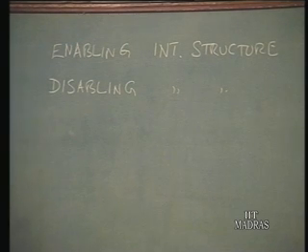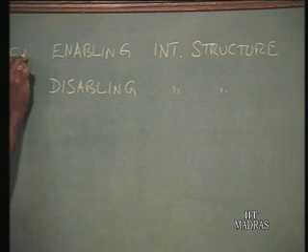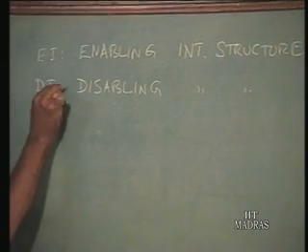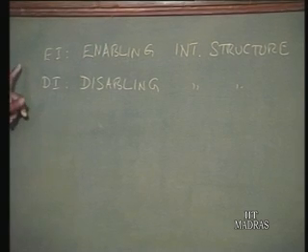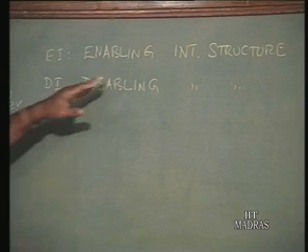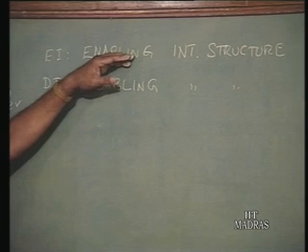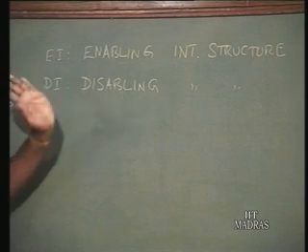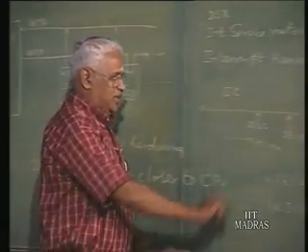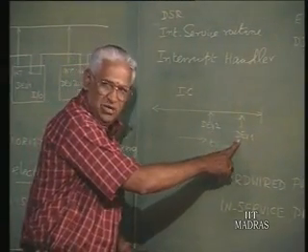Actually, there are instructions called enable interrupt and disable interrupt. By executing these instructions, the structure can be enabled to respond to an interrupt input or disabled. Now, let us go back to our original problem. Device 2 and device 1 both interrupt.